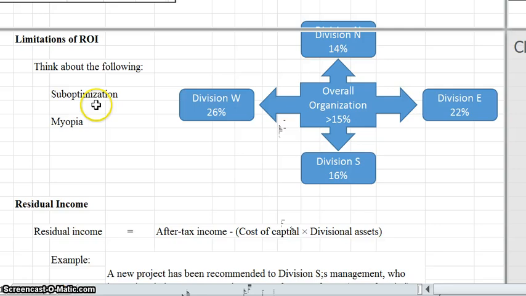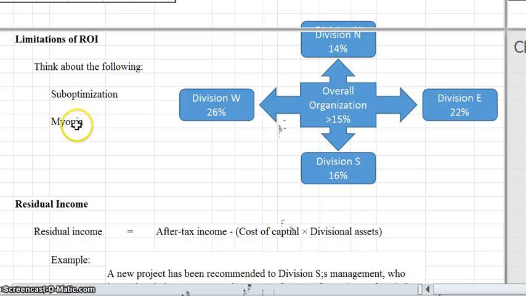These two big topics: suboptimization, I would write these down, and myopia. So I'll let you guys take a look at suboptimization in your book, but myopia kind of brings us into one of the topics that we're going to be covering later in this video, which is short-sighted.